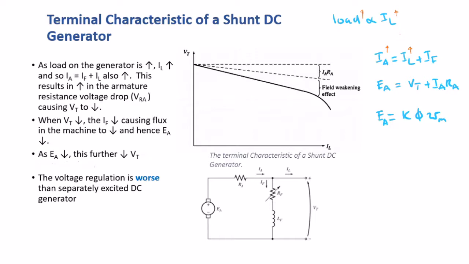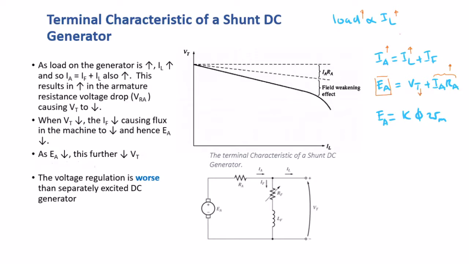And this will result in the voltage drop IA RA also being larger, and the effect is that, assuming EA is still constant, VT will be decreased, it will drop.